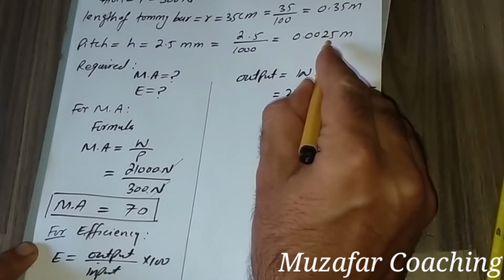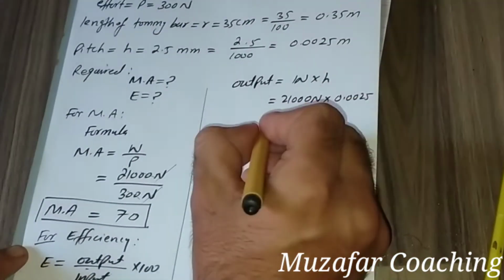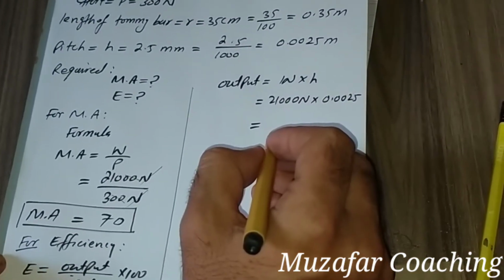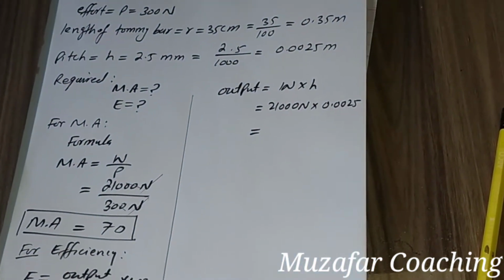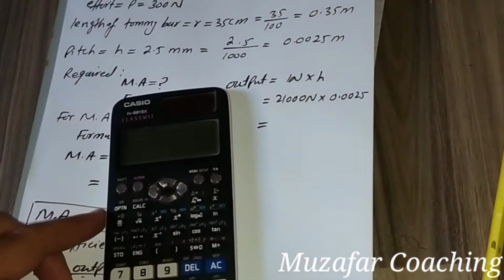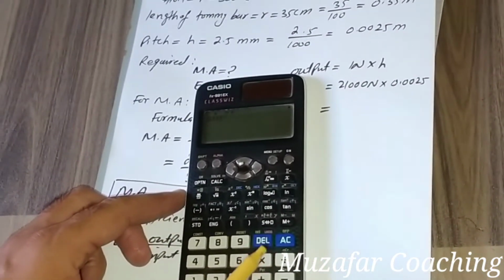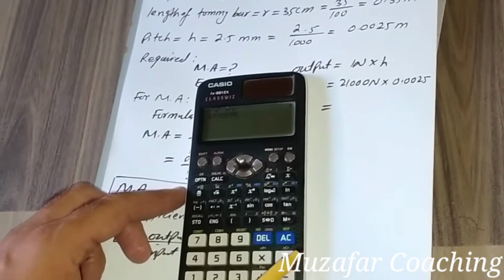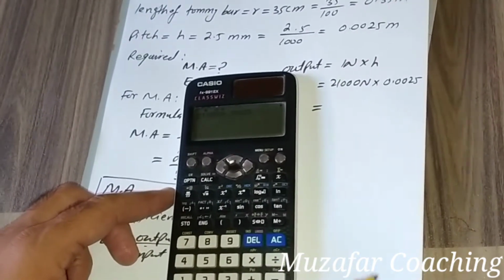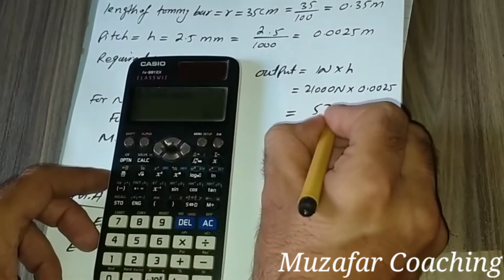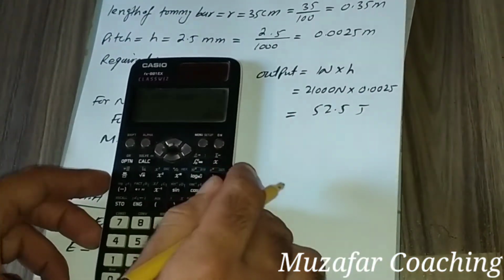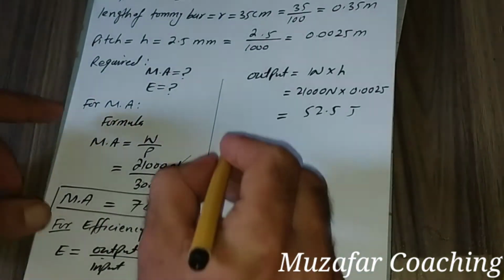From here we got that value. So we multiply 21,000 by 0.0025. The final answer is 52.5 joules.